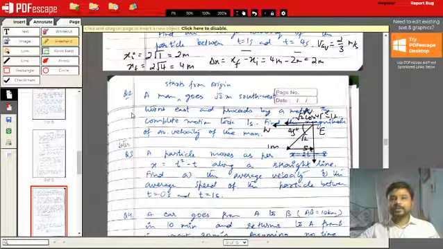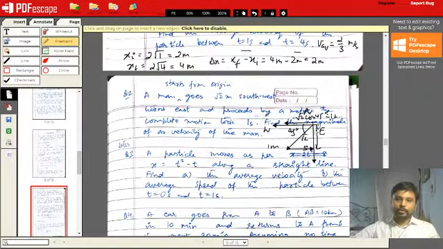That means that after completing the motion, the particle would come to this particular axis. So eventually the particle has traveled only this much distance. This distance is root 2 sin 45 degrees, which is again only 1 meter.